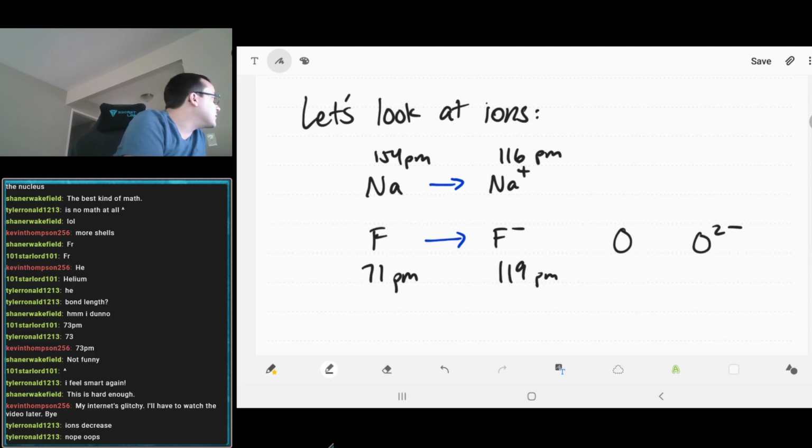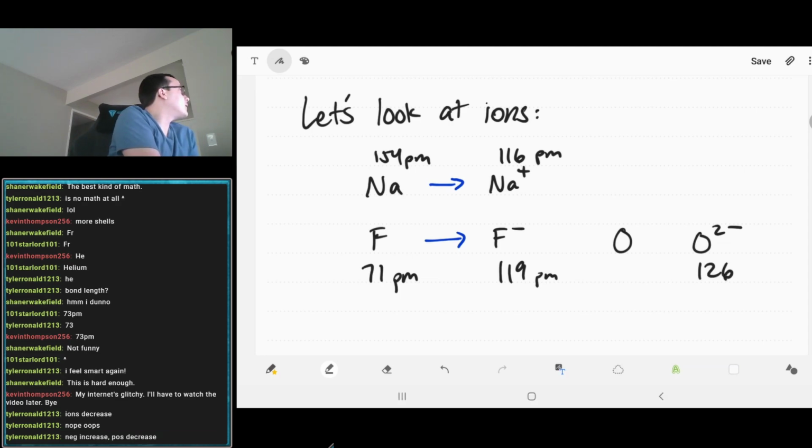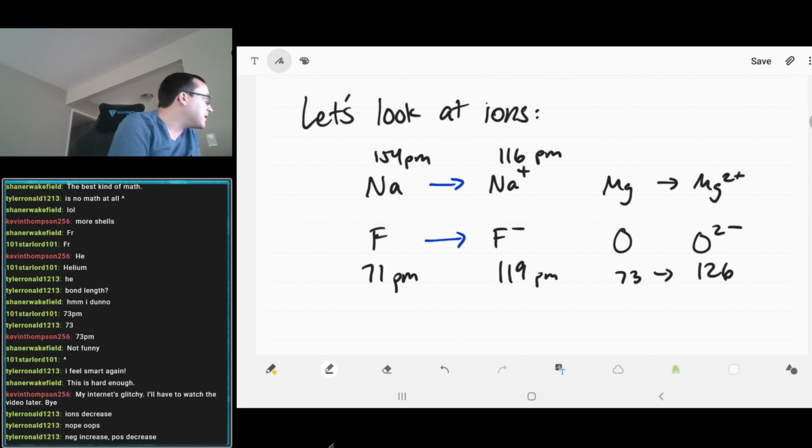Let's see, oxygen. Oxygen, okay. And why not, how about we do magnesium also? That's better, that's what I want to see. Okay, magnesium is 130.